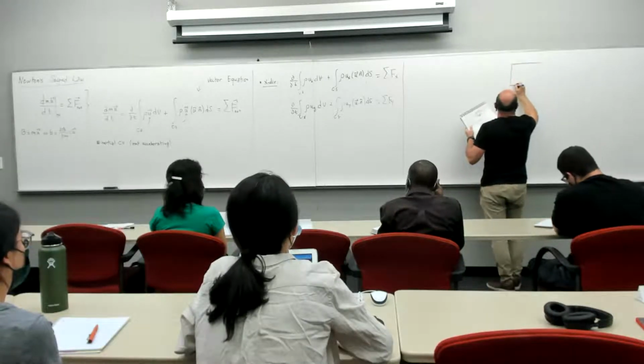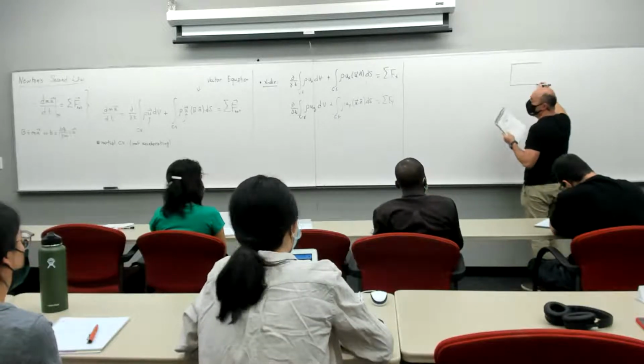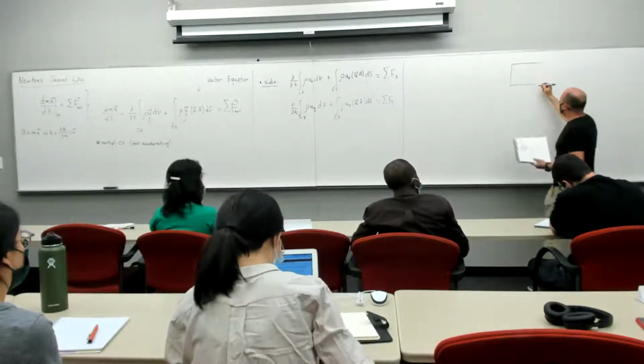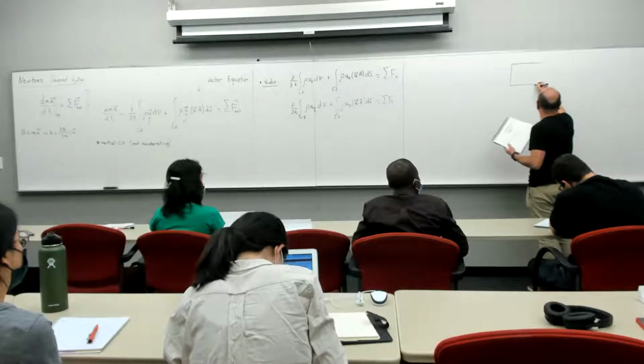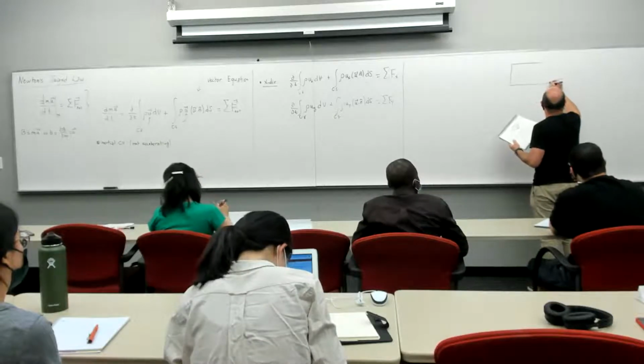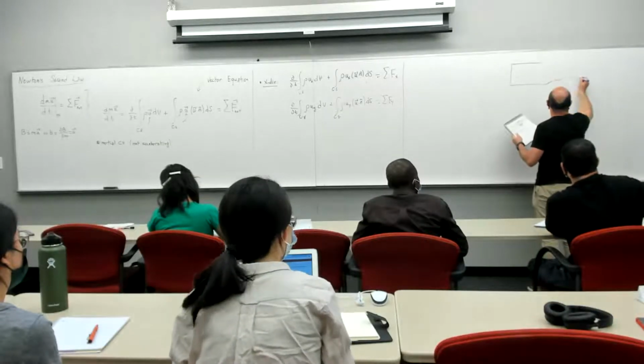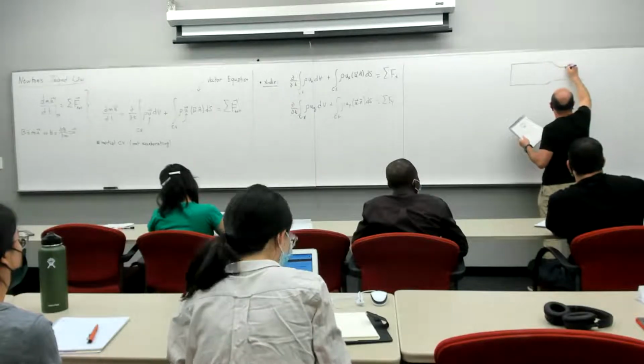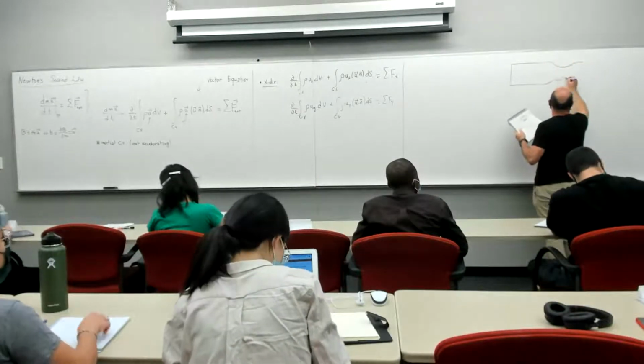I did a lot of work on solid, liquid, and hybrid rocket motors in my PhD, so I like to give them as examples all the time. Okay, so you got a nozzle over here. So we're going to consider a solid rocket motor.